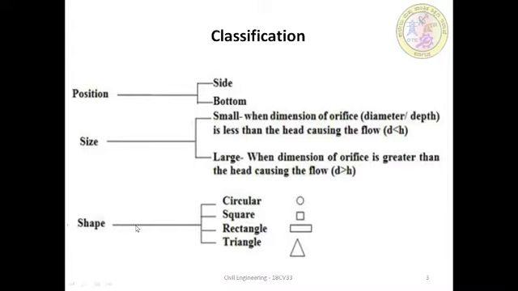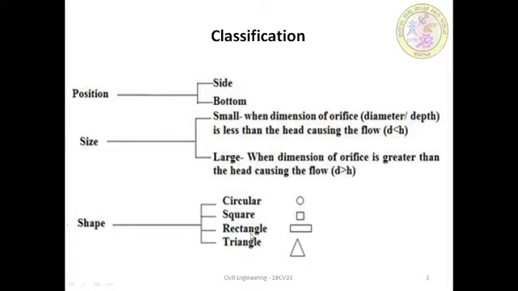If it is greater than that height, then we call it a large orifice. Next, the third classification of the orifice is on the basis of shape. The first one is circular, where the cross section is circular, or maybe square.